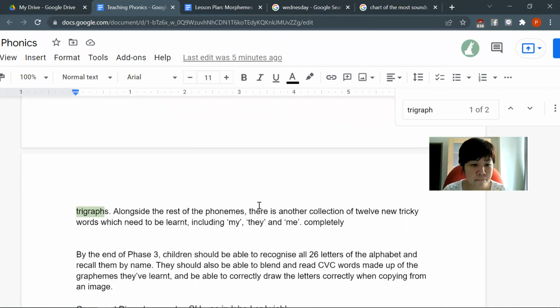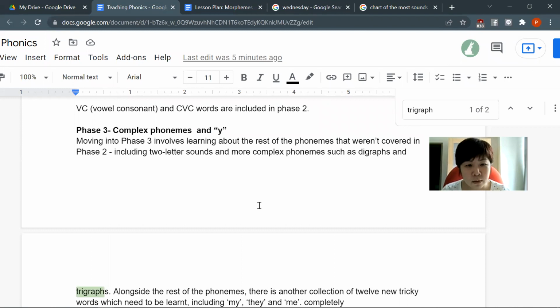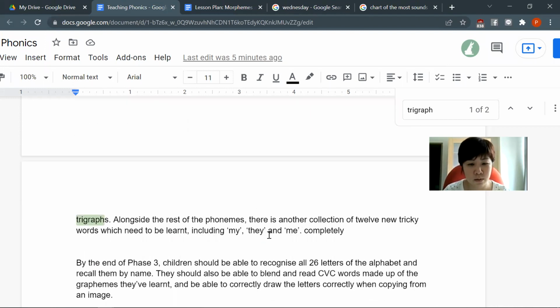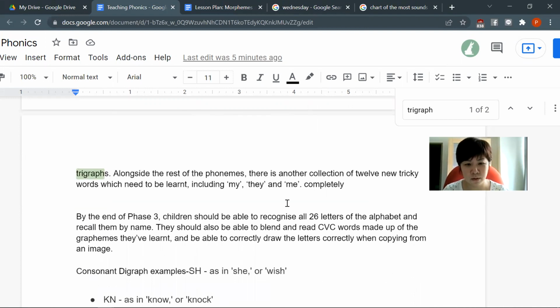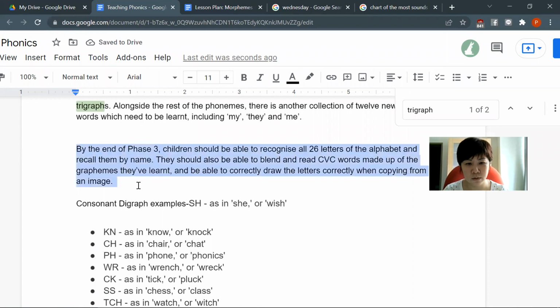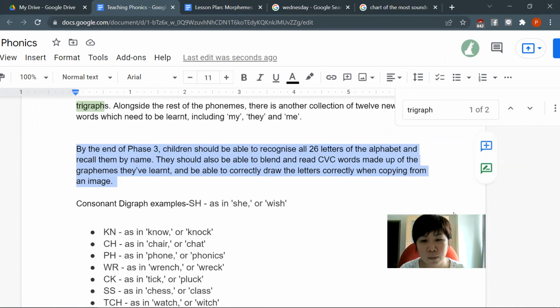Anyway, so we were at phase 3. So we have my, they, me. We talked about "completely." So by the end of phase 3, children should be able to recognize all 26 letters of the alphabet and recall them by name.